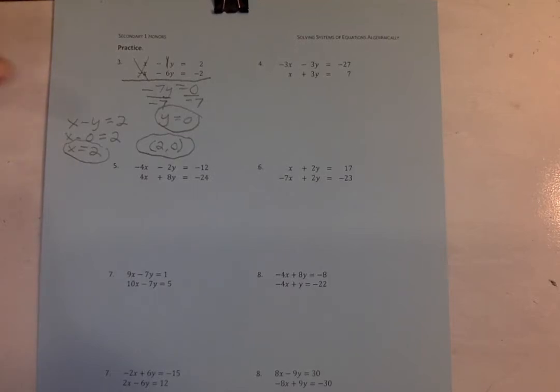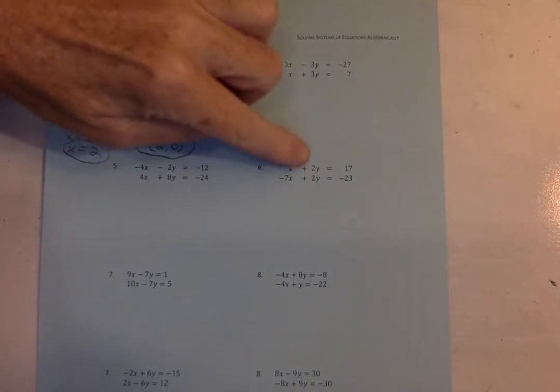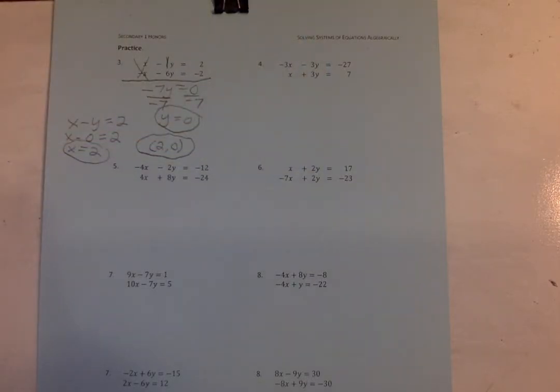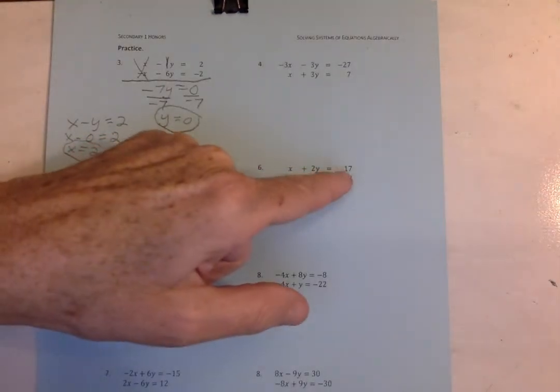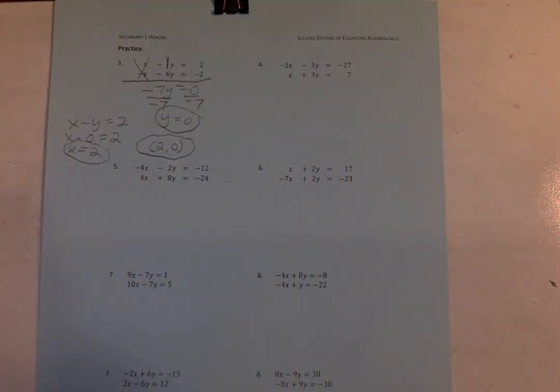So on number 6, I'm going to multiply each of these by a negative 1. And when I do that, I'm going to make a negative x, a minus 2y, and a negative 17. Do you see what that does?